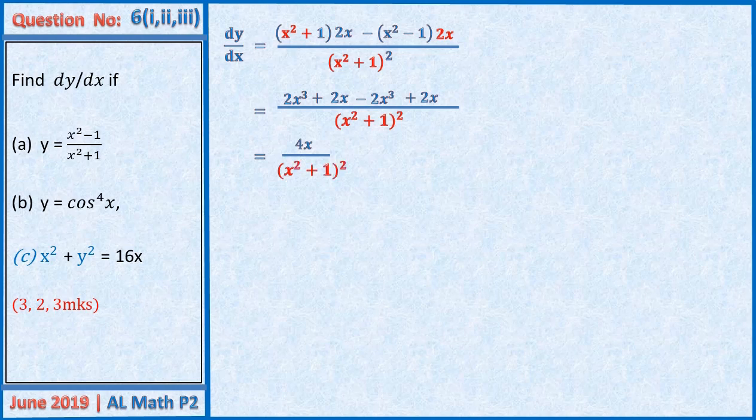Now the second one, we have y equals cos to the power 4 of x. So in this case, let our cos x be equal to u. This will give us du equal to, when you differentiate cos, minus sine x dx.